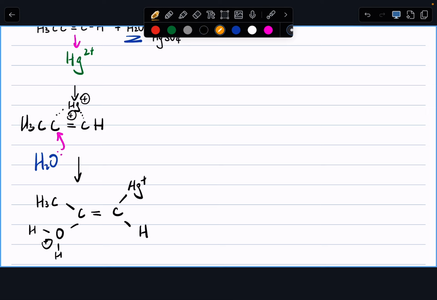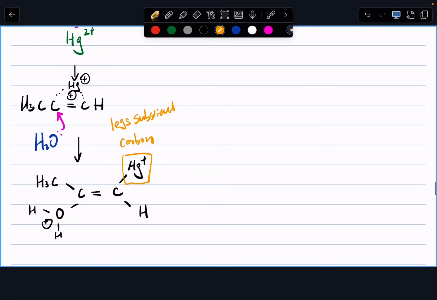All right, so if we look at the regioselectivity, my Hg plus is on my less substituted carbon. And my oxonium cation will be trans to my Hg plus. Our next step here will be proton transfer or deprotonation.